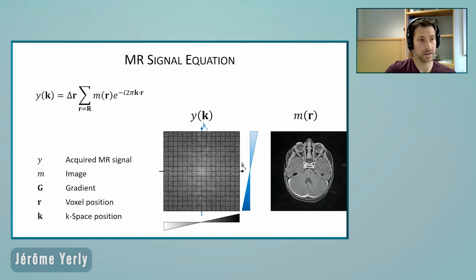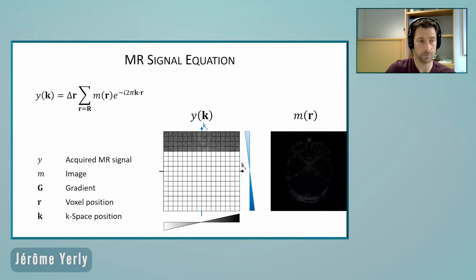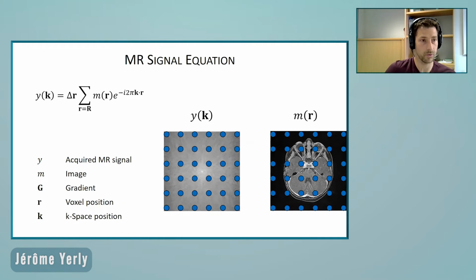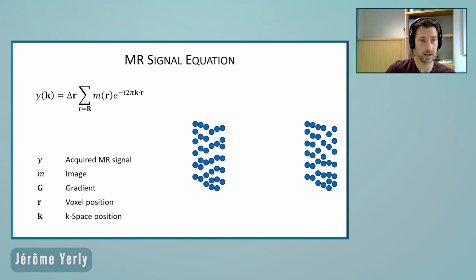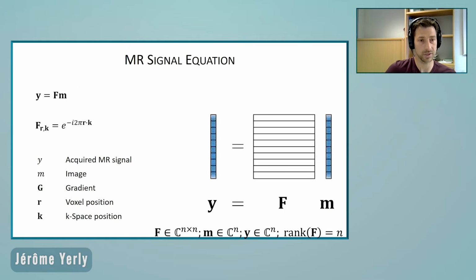Again, this is the equation for one point in K-space at position K. But now if we take all the different positions in K-space and we rearrange these points into vectors and rewrite our equation using a matrix notation, we see that it can be written in a very compact form. So now Y is basically all the measurements that we've obtained in K-space.